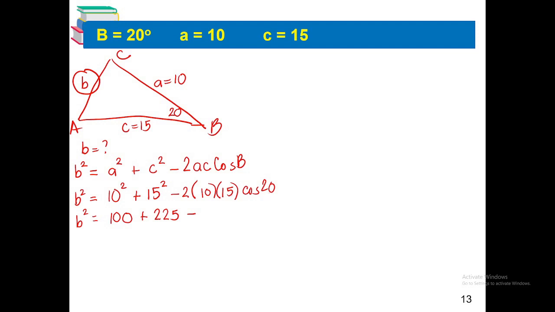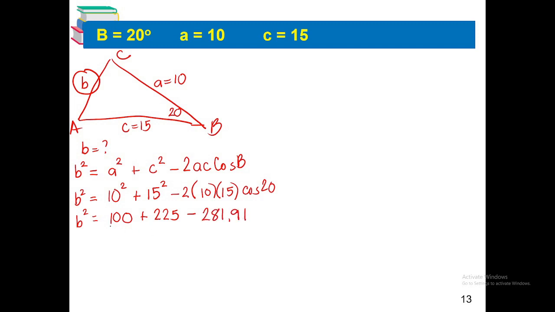Give me the answer in 2 decimal places. 2 times 10, times 15, times cosine 20. How much is the answer? 281.91.